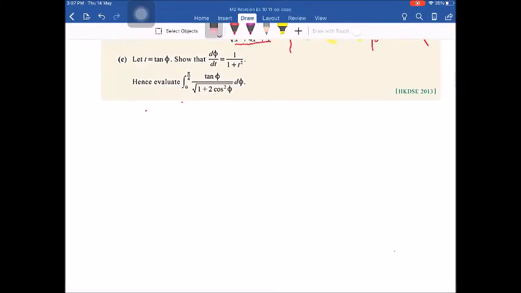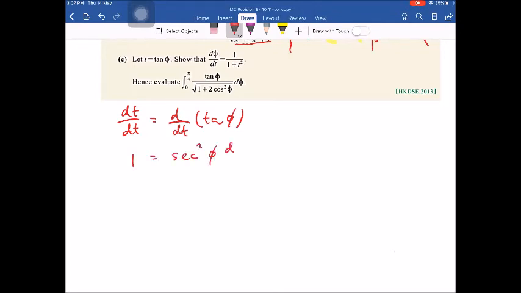And part C, you let tangent phi equal to this one, and show that d phi dt equals this. You differentiate both sides with respect to t: dt/dt equals d/dt of tangent phi. That is 1 here. The derivative of tangent phi becomes secant squared phi times d phi dt.